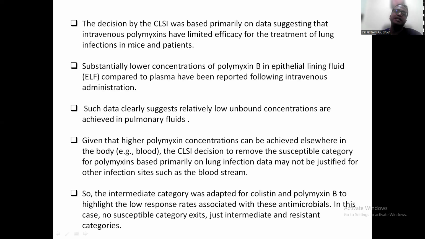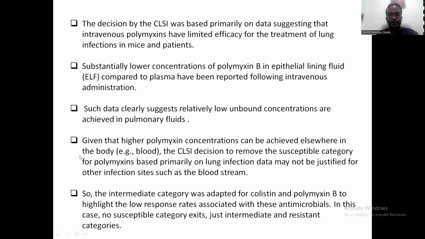So the decision by CLSI was taken on this account, that polymyxin B and polymyxin E actually achieve a very low concentration in the lung or alveolar epithelium.